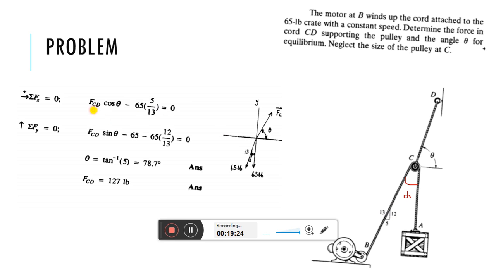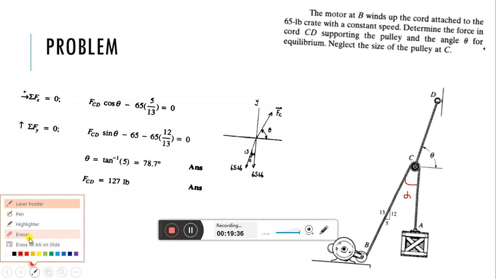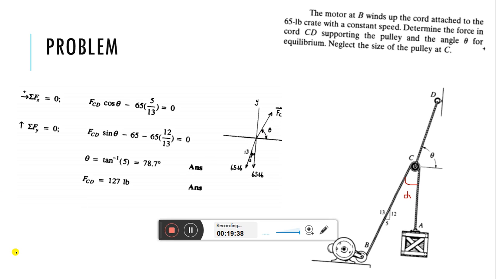So write FCD cos theta in this direction, and in this direction 65 sin alpha, meaning 5 by 13.